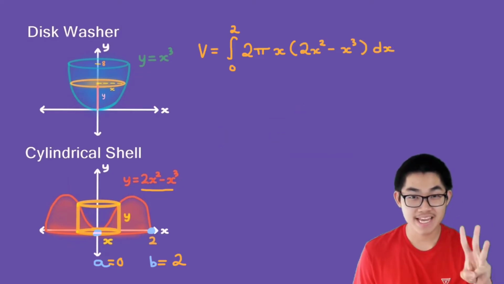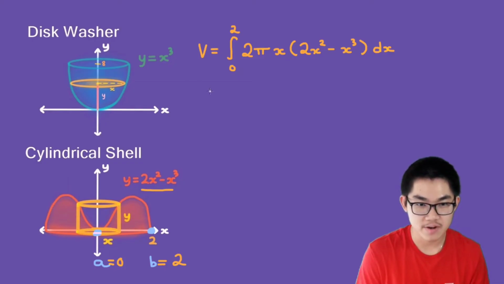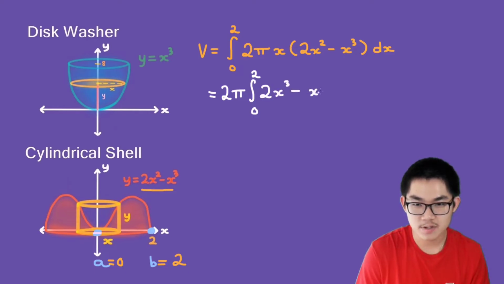Step number 3, and the last step, is to evaluate this integral. So since 2 pi is just a constant, we can move it outside of the integral. So we're going to get 2 times pi times the integral from 0 to 2. And x times this, we're going to get 2 times x to the power of 3 minus x to the power of 4 dx.